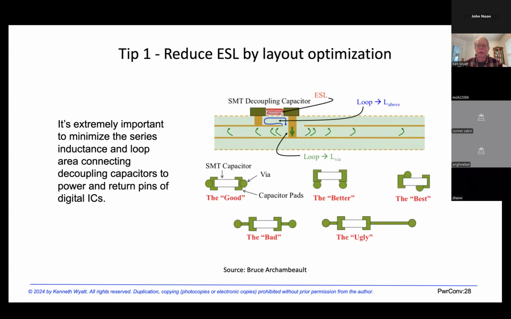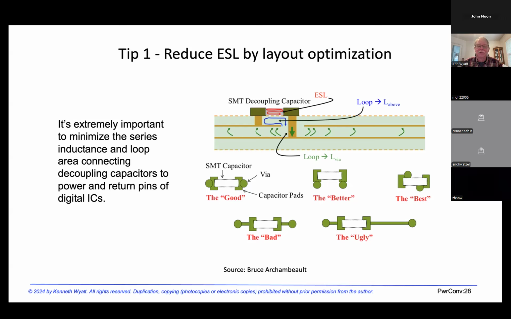As far as how to mount decoupling capacitors, this is a slide from Bruce Archambault. Basically, in the lower right, we don't want to route long traces connecting these decoupling capacitors. And so I wanted to show you the good, bad, and ugly.